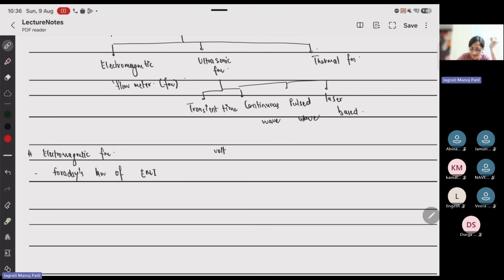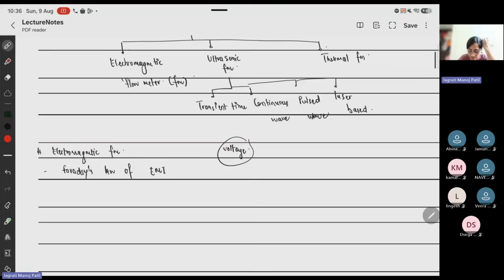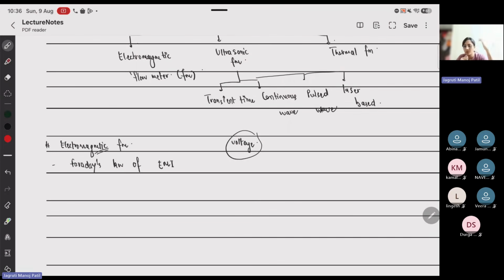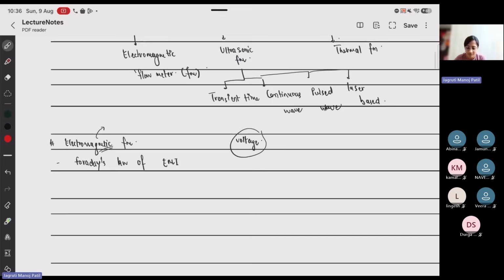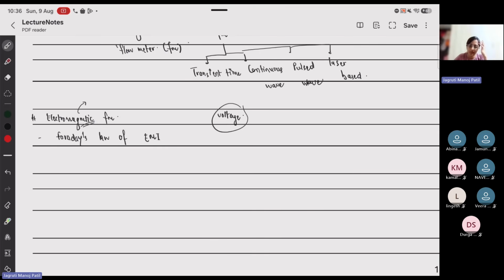Essentially, whenever you try and look at something, the output will always be a voltage signal. Now in this case, we're looking at Faraday's. The name of the electromagnetic flow meter tells you that it is dealing with a magnetic quantity, and the magnetic quantity will convert into voltage. Now what was Faraday's law? Go have a look at it. You should know what Faraday's law is about and what it deals with. This one works on Faraday's law of electromagnetic induction.